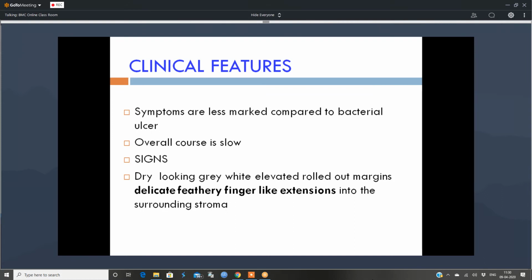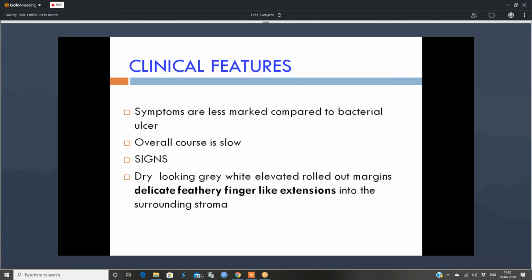So coming to the clinical features, the symptoms are the same, but one important feature is that the severity of the symptoms is very, very less when compared to bacterial keratitis, whereas the signs are more.